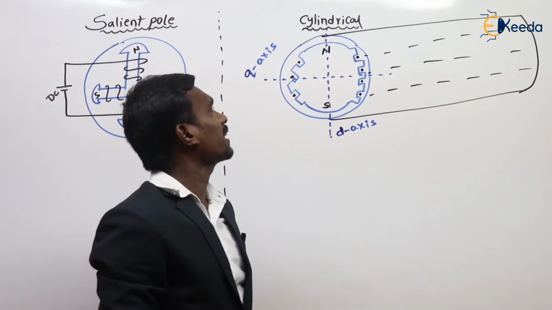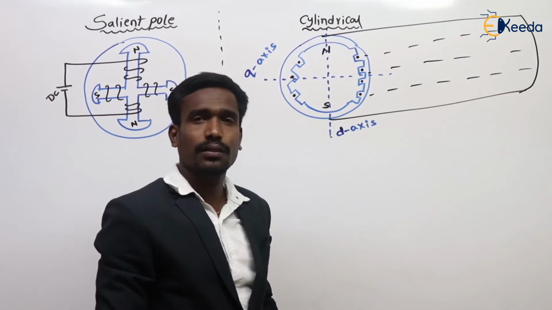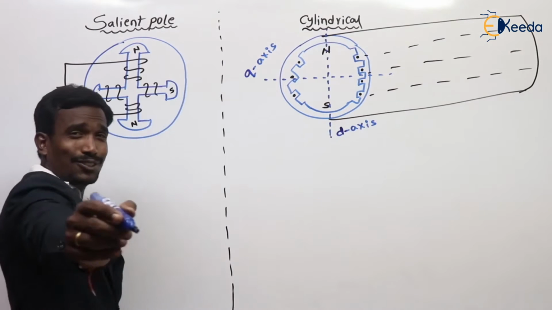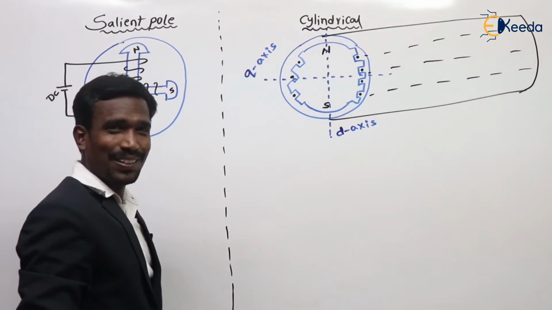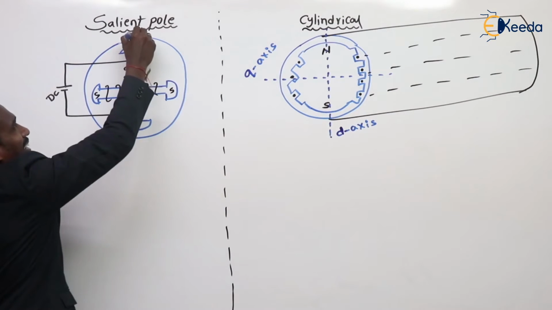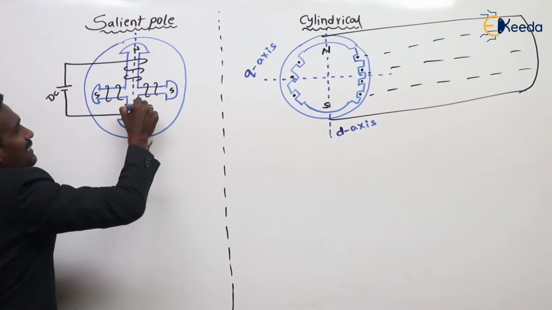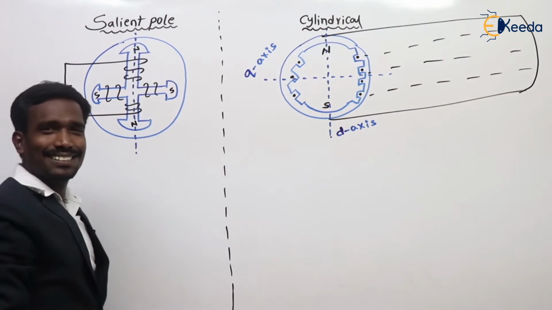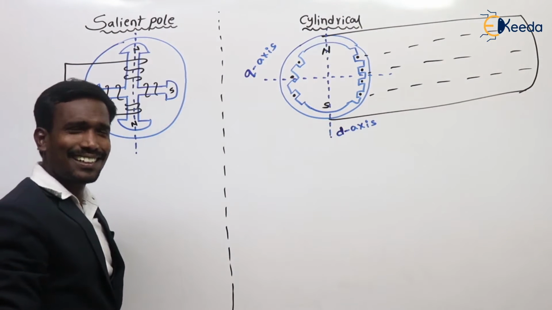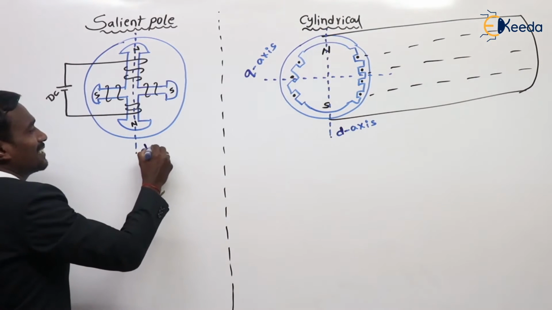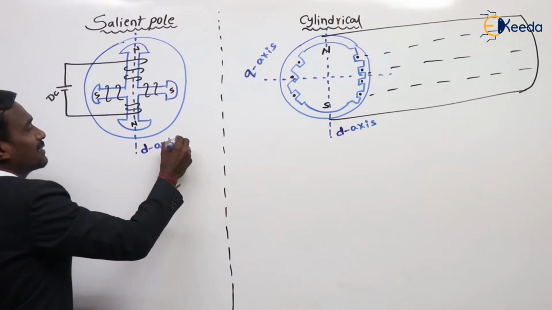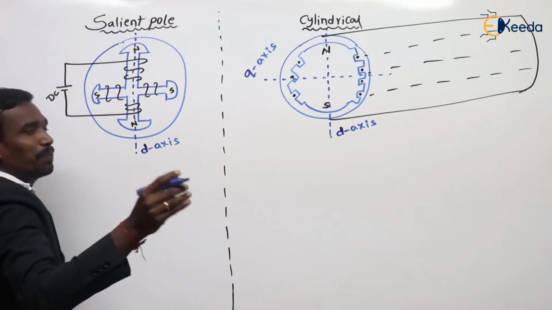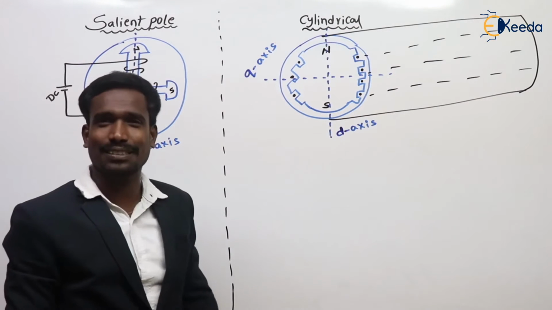This is the cylindrical type of my rotor. Now you have a test. Tell me, is this the Q axis or D axis? Yeah, exactly. This is a D axis because the axis which flows through the pole center is the D axis. 100% correct answer.